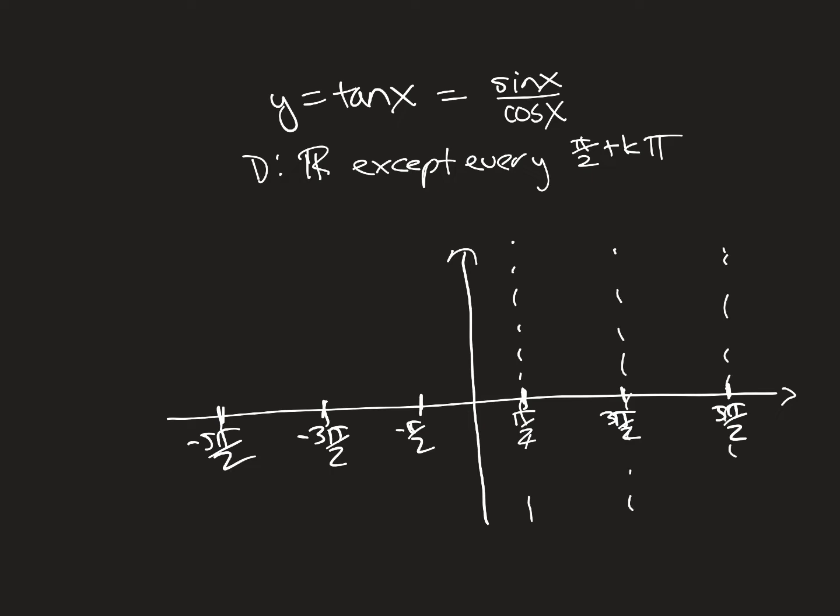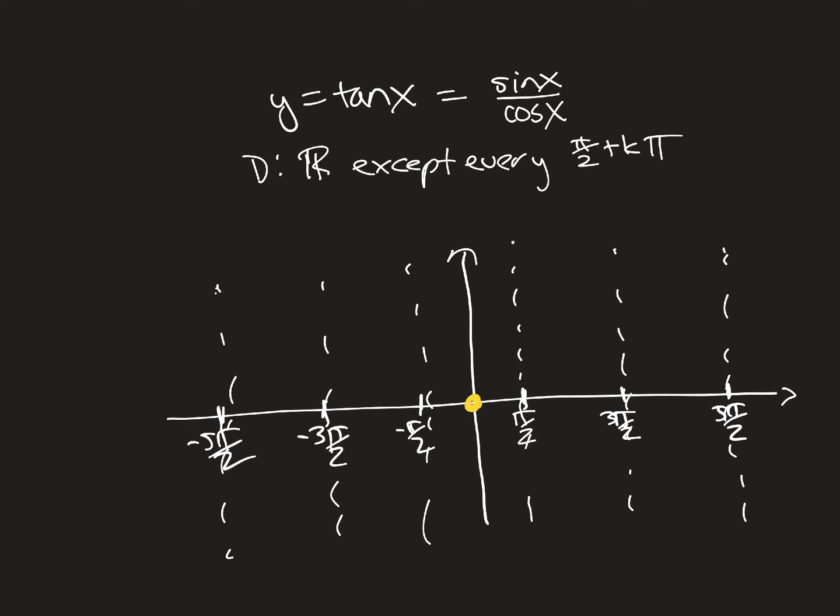Again, undefined every pi over 2 plus k pi. And let's see what's happening in between. So let's take 0, for instance. If I think about tangent of 0, well, sine of 0 is 0 and cosine of 0 is 1. So tangent of 0 will be 0.